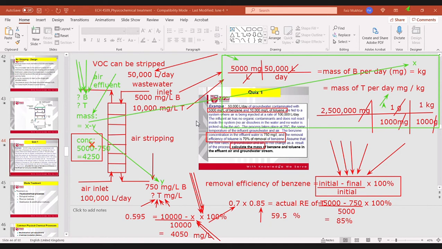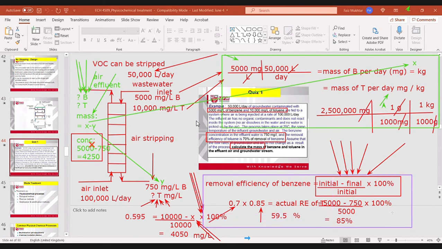Okay. For this particular quiz, I think students made mistakes, your previous seniors also. There are two points where mistakes are always made. One is this removal efficiency. Okay, hang on, let me put it in purple here.